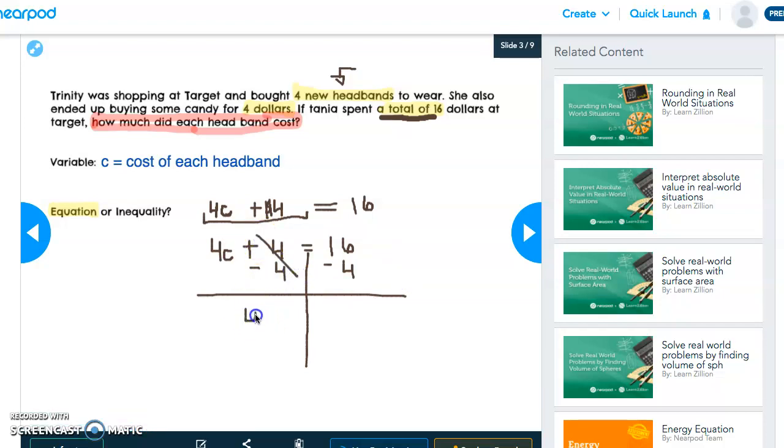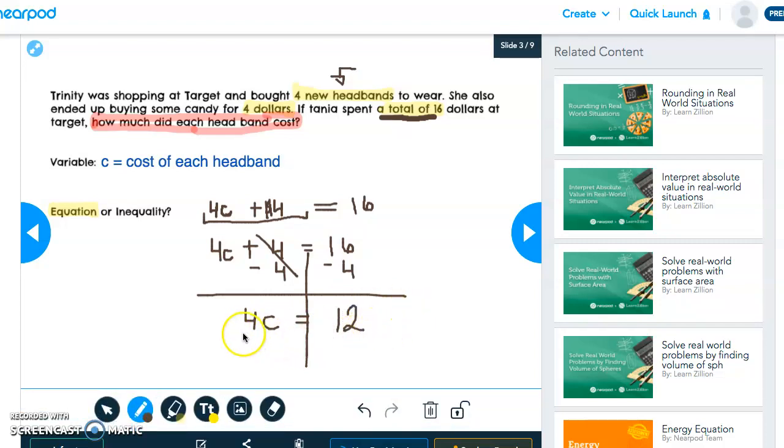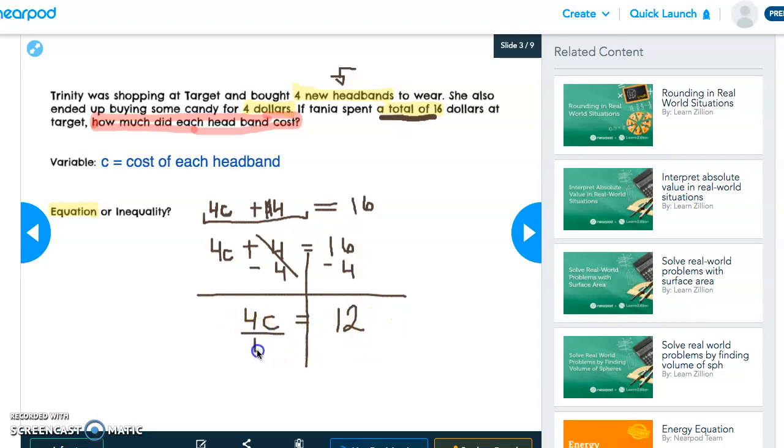You get 4C equals 12. And we know what times 4 gives me 12. Well, that would be 3. So, anyways, we could divide by 4 on both sides. And we get C, or 1C, equals 3.